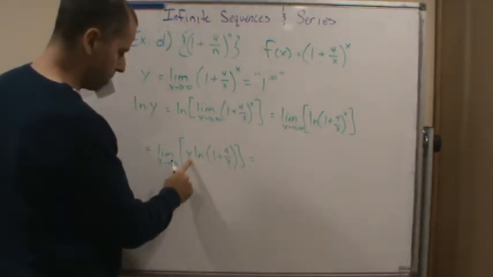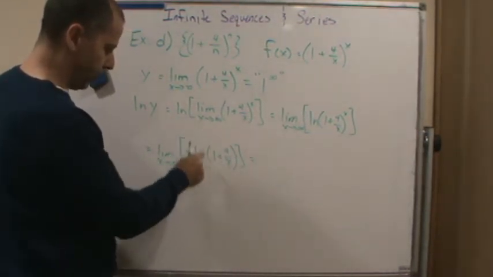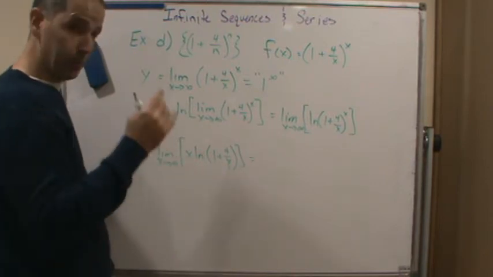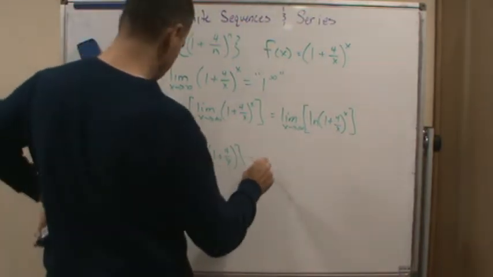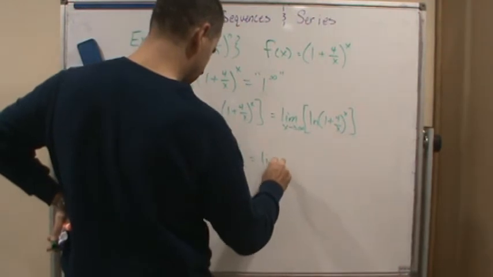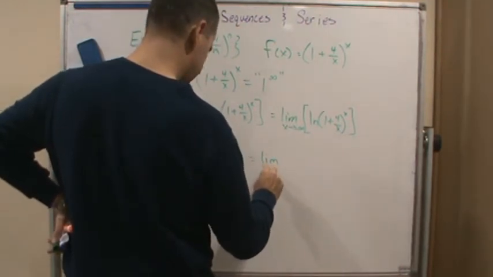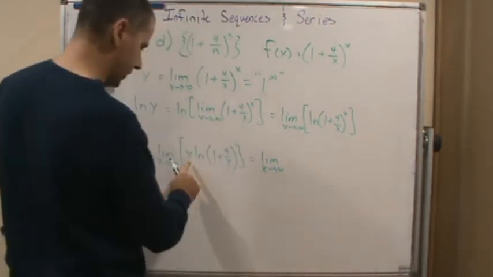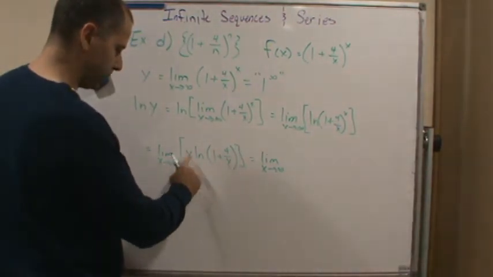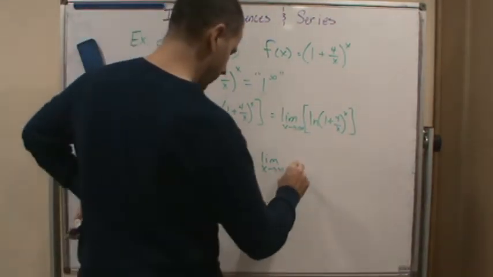So now I'm going to rearrange this as a ratio so I have 0 over 0, because then I can use L'Hopital's rule. So I'm going to write this as the limit as x approaches infinity, and I'm just going to take the x and divide by the reciprocal.